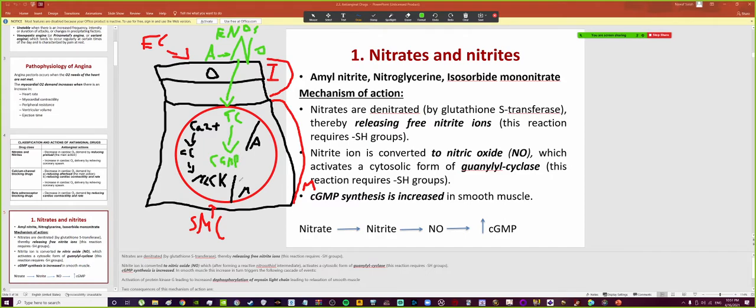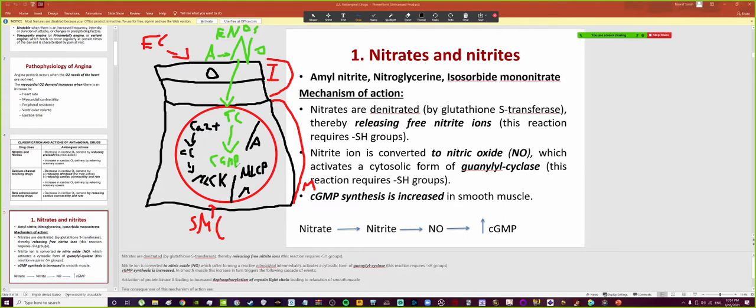What the cGMP does is activate an enzyme very similar to myosin light chain kinase. The only difference is the name. Let's get the black color. cGMP is going to activate the enzyme myosin light chain phosphorylase.